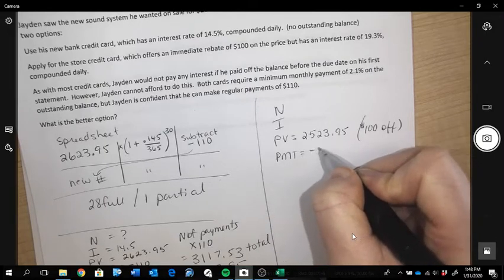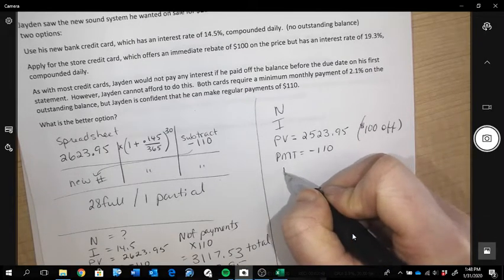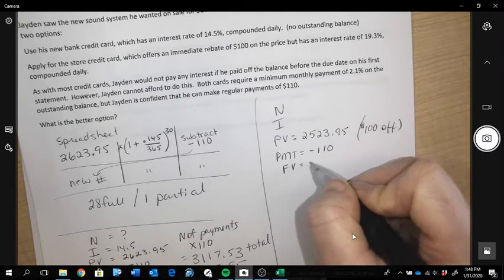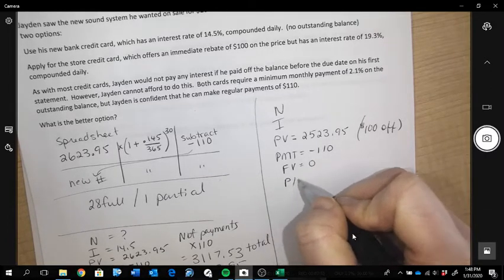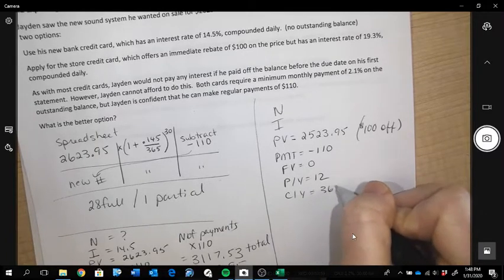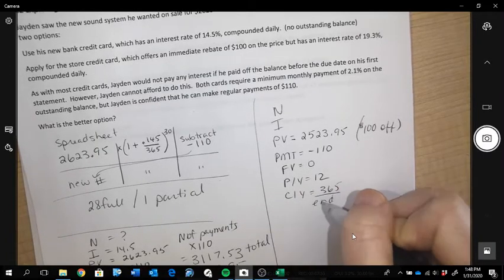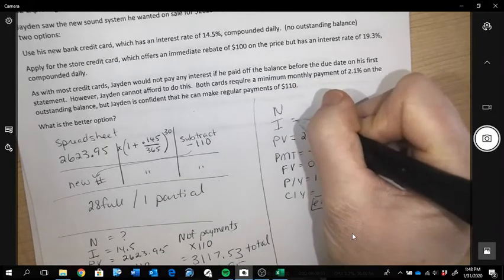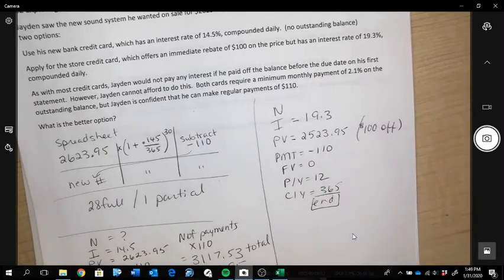I think we're still making $110 payments. Future value, we want to end up with nothing. 12 payments per year, so lots of this stuff is the same, except the interest now is 19.3.